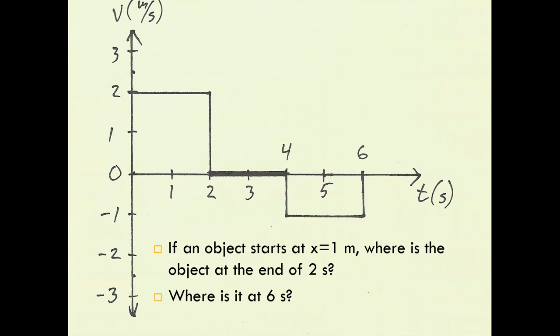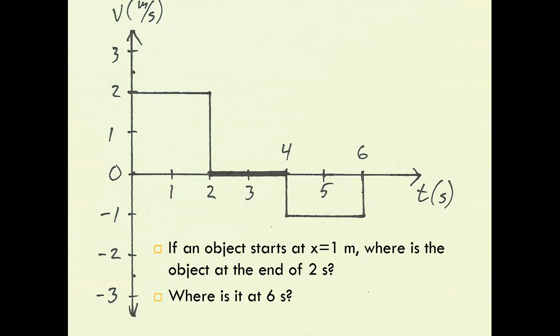That means we start at the 1 meter mark and draw a line with a slope of 2 meters every second for 2 seconds. Then we draw a line with a 0 slope for the next 2 seconds. And then we draw a line with a negative 1 meter slope for every second. So we can do it that way.